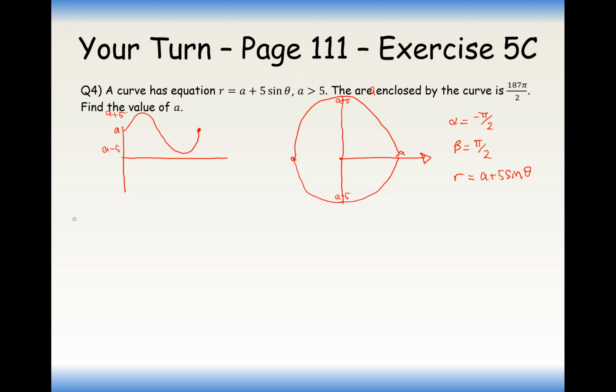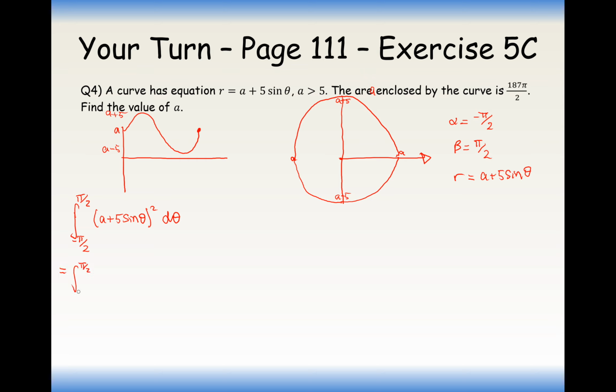So let's substitute it into the integral then. It's going to be a half, but I'm going to double the area anyway, so actually there's no point in writing the half. It's just going to be the integral between pi by 2 to minus pi by 2 of the curve a plus 5 sine theta. So a plus 5 sine theta, and this will go in a squared bracket d theta.